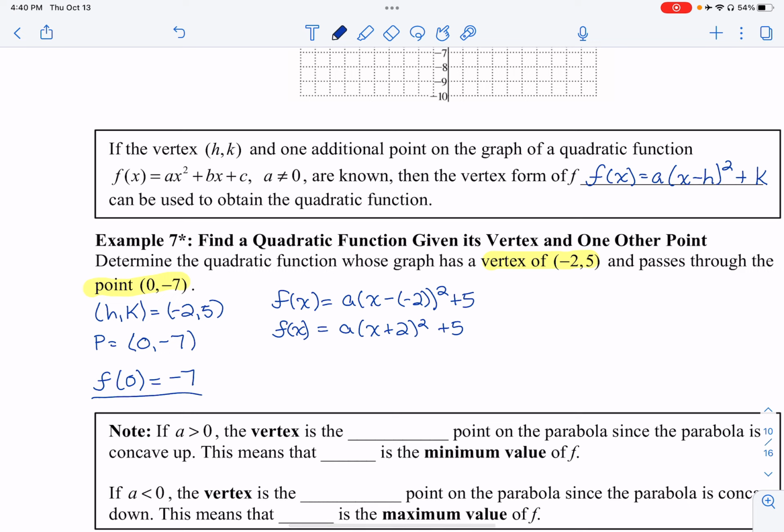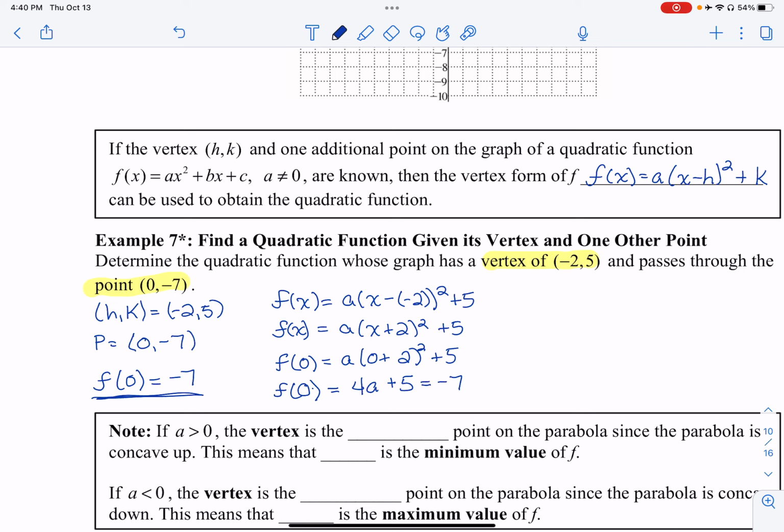Now we just said that we know f(0) = −7 from the point on our graph. So we can substitute: f(0) = a(0 + 2)² + 5. 0 plus 2 is 2, and 2 squared is 4, so f(0) = 4a + 5, and that's equal to −7.